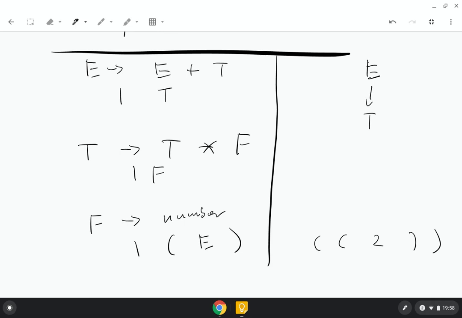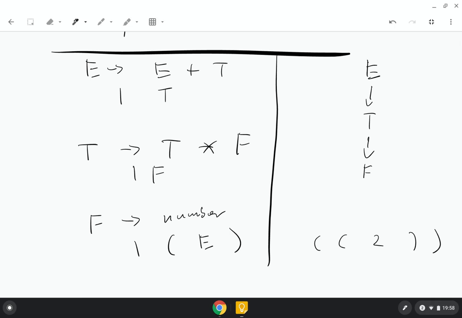Okay, so now we have the T non-terminal. What production do we replace T with? F. F is the only choice we have. What about, now for F, what do we replace it with? Is it parenthesis or is it number? Parenthesis, right?